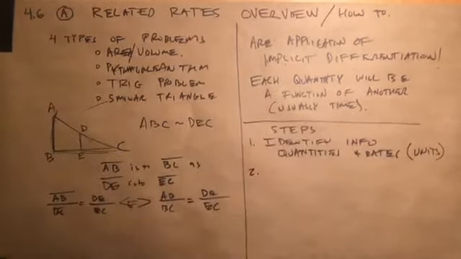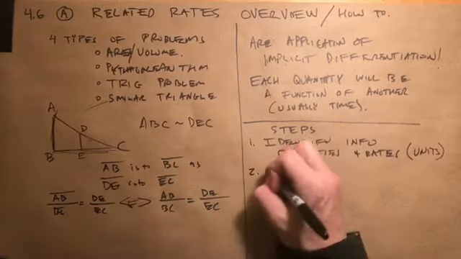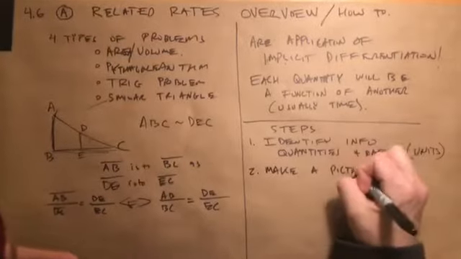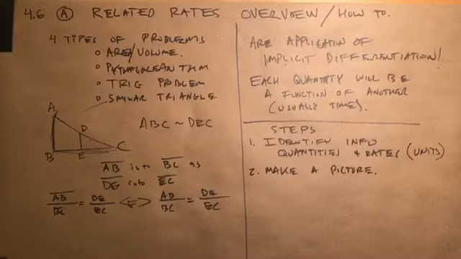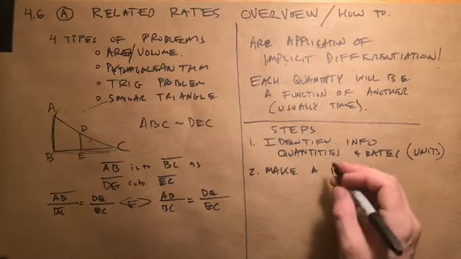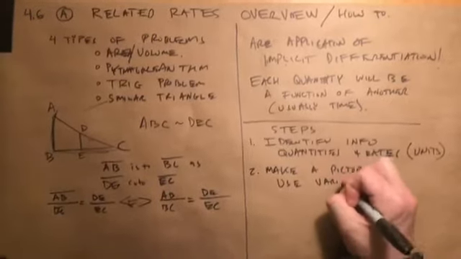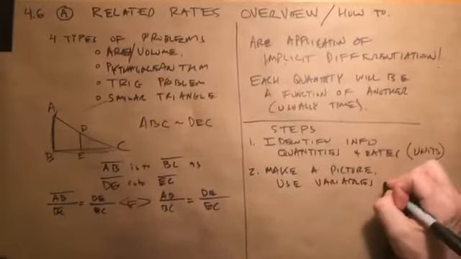Step two is to make a picture. And the picture doesn't just have to have the rates. We want to see the actual variables. Use the variables from step one.